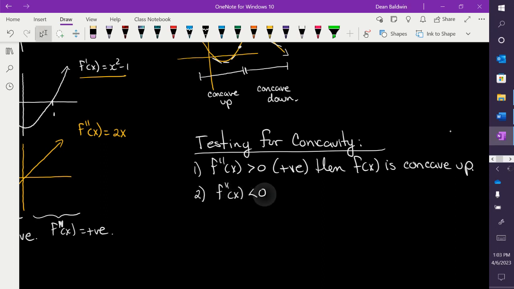If the second derivative is less than 0, negative, concave down.